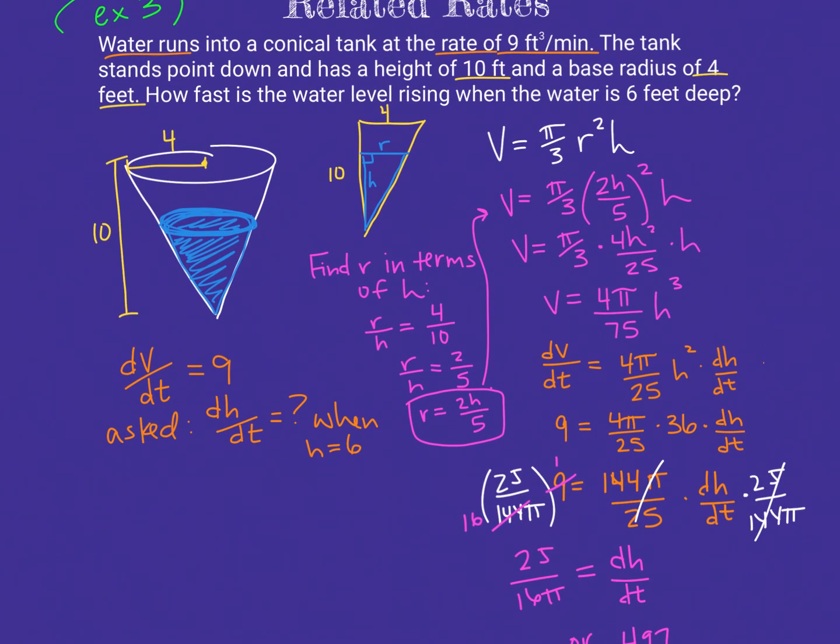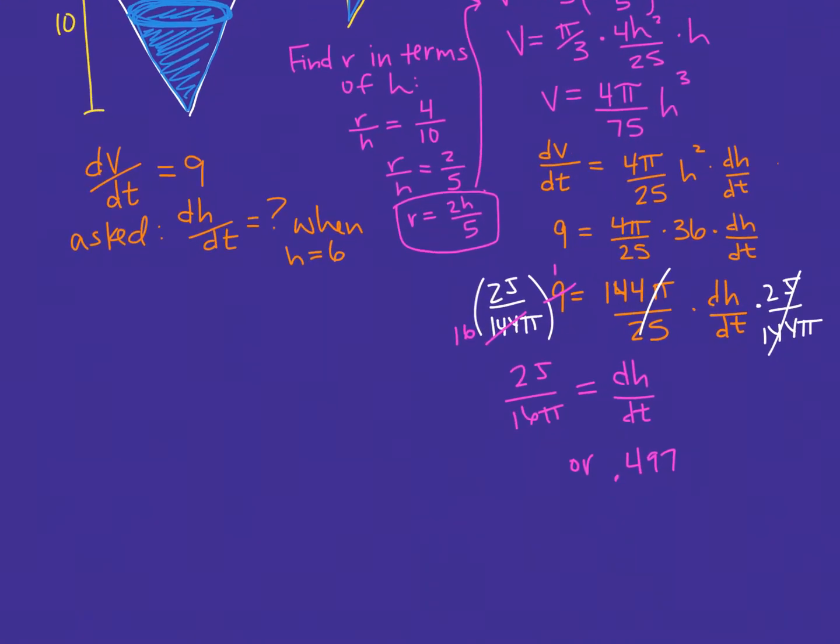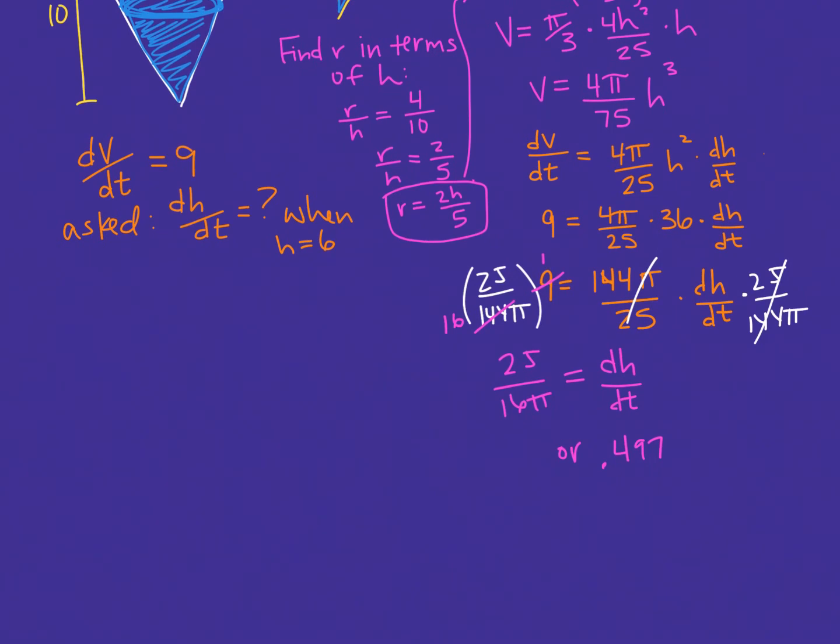So let's look back, and our units are in feet. So it would just be feet, not feet cubed, because it's only height. Feet cubed is because this was volume. But we know that it's feet, and then our time is minutes. So the height's changing at 0.497 feet per minute.